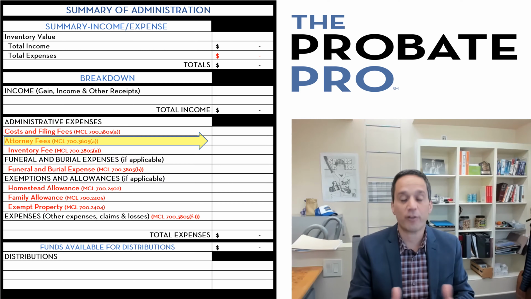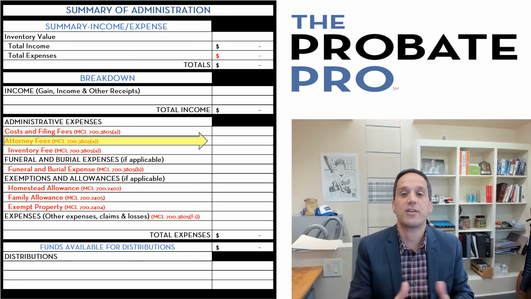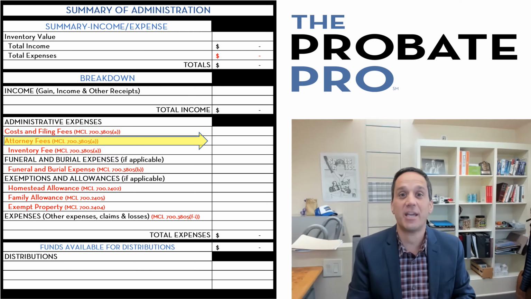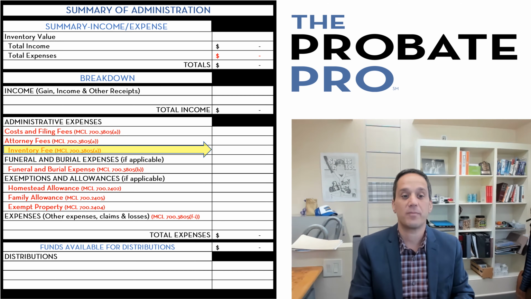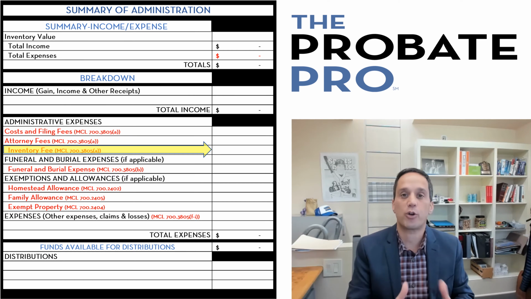Next, lawyer fees, legal fees, as well as administrative expenses that could include fiduciary fees. Imagine the lawyers wrote the laws and the lawyers made sure that they got paid in a probate administration at the top of the prioritization. There's a payment of an inventory fee that is owed to the probate court. It is based on the gross value.